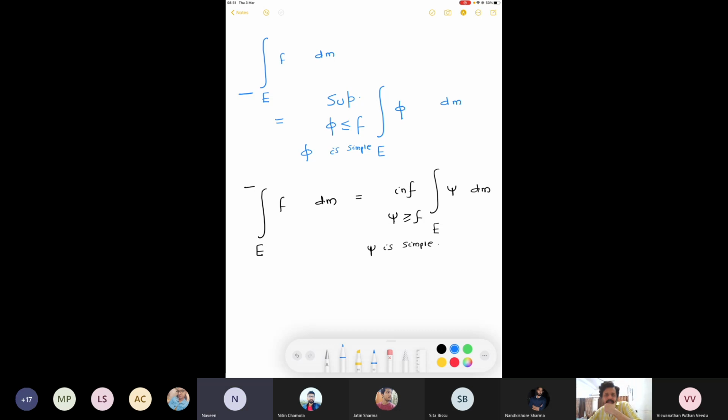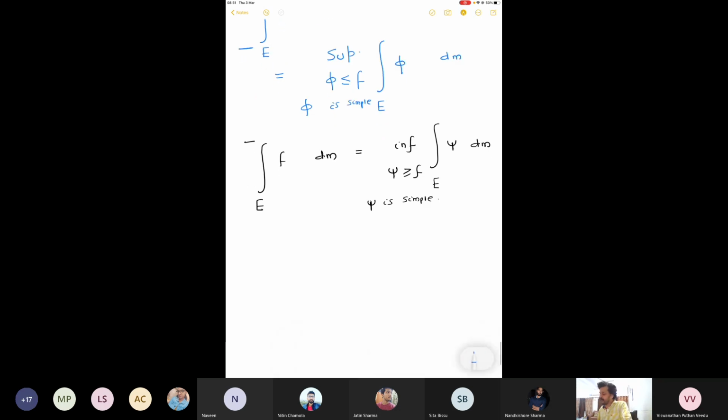Lebesgue considers only those functions for which the two coincide. Or you can make a definition: we can call a function Lebesgue integrable if the upper Lebesgue integral coincides with the lower Lebesgue integral. Okay. We say that f is Lebesgue integrable.